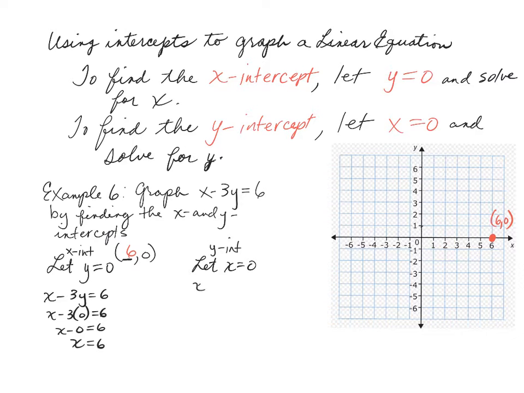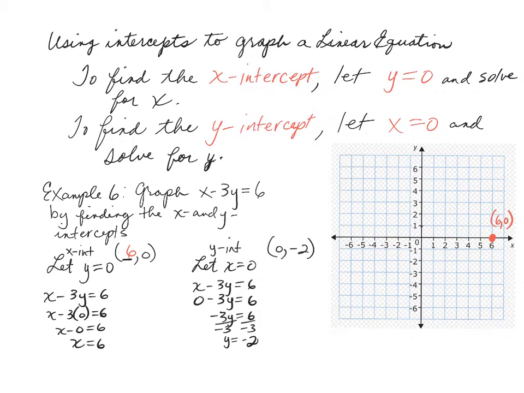So the equation is x minus 3y equals 6. But if x is 0, we have 0 minus 3y equals 6. Negative 3y equals 6. Divide by negative 3. So y equals -2. So our ordered pair is x is 0, y is -2.